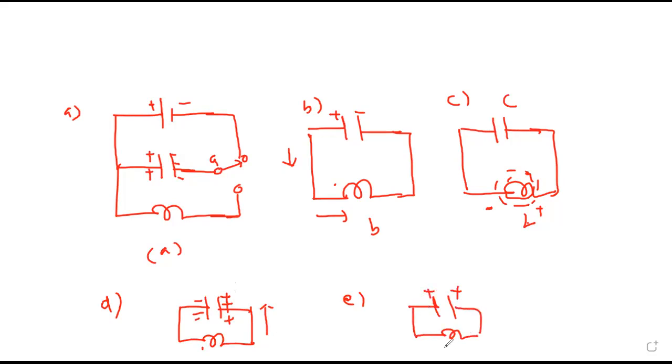This will become zero current here for one instant. Now, when this is zero, this is higher. So this will start sending current in opposite direction. Till this entire current becomes zero.